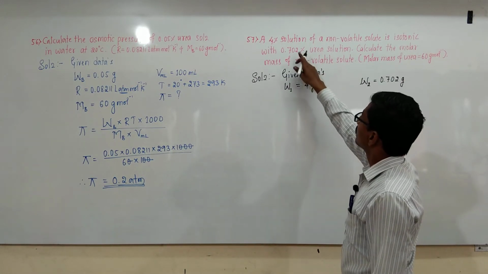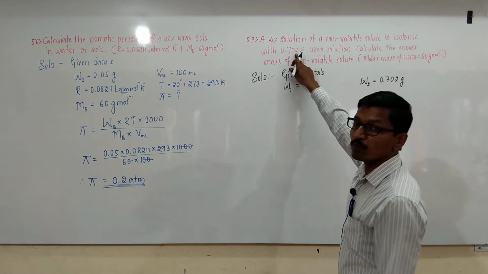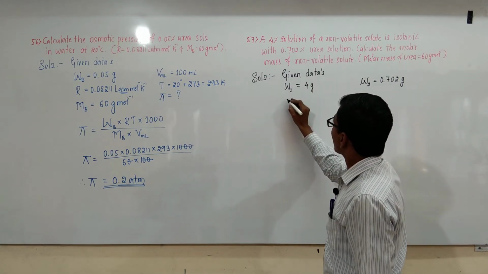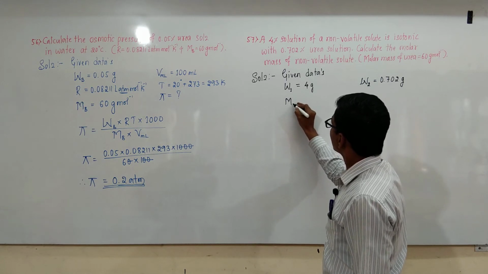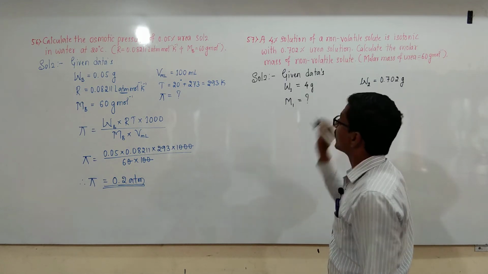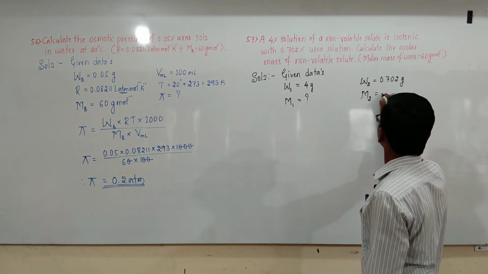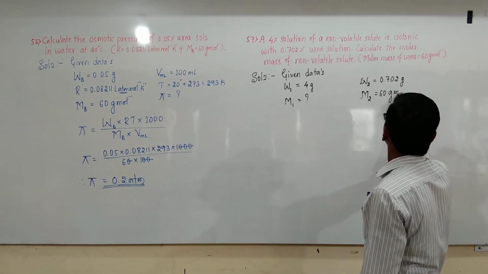W1 is 4 gram, W2 is 0.702 gram of urea and M1 is calculated, and M2 is given, that is 60 gram per mole.